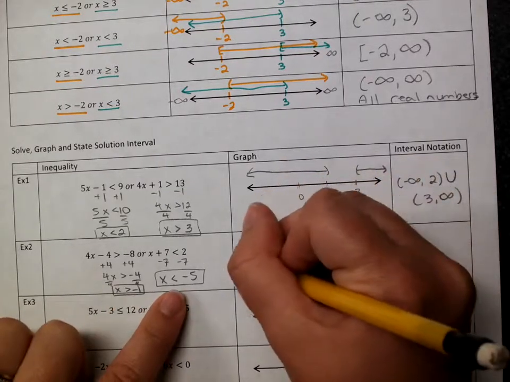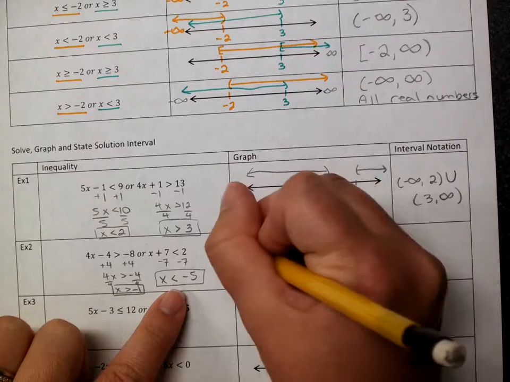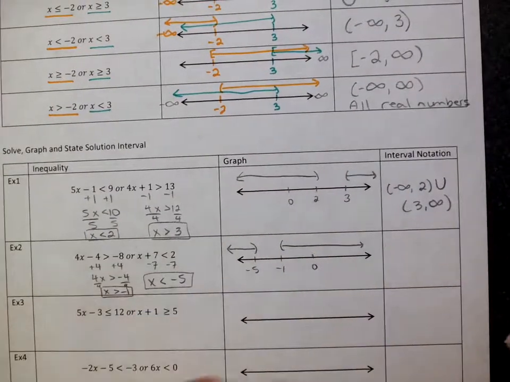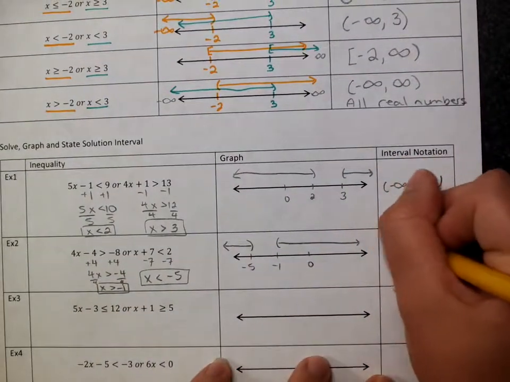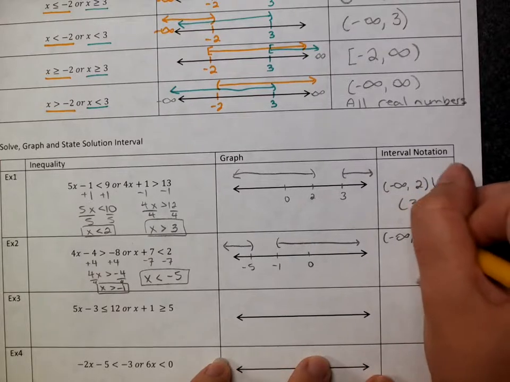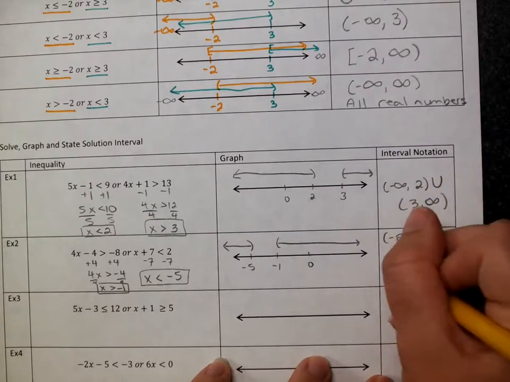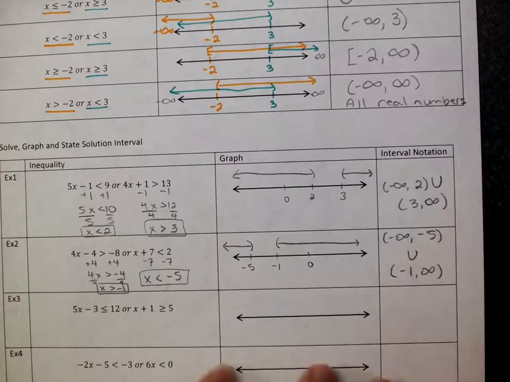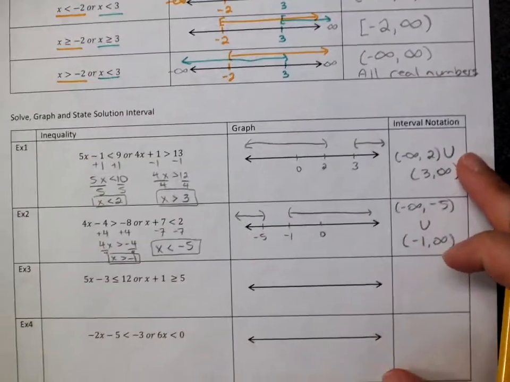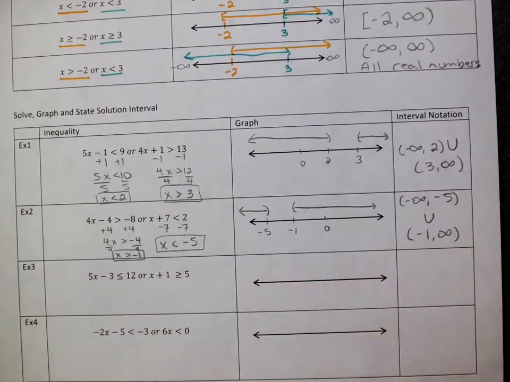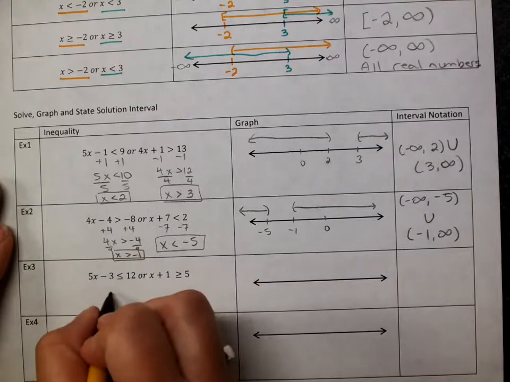Less than negative 5 goes the other way. So again, we have a union from negative infinity to negative 5, union negative 1 to infinity. So you just have to be really good at going from the graph to the interval notation. Again, that goes back to the previous section. Just practice that interval notation.